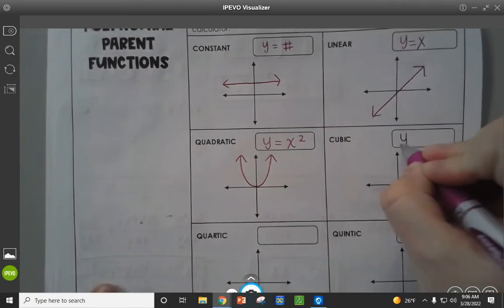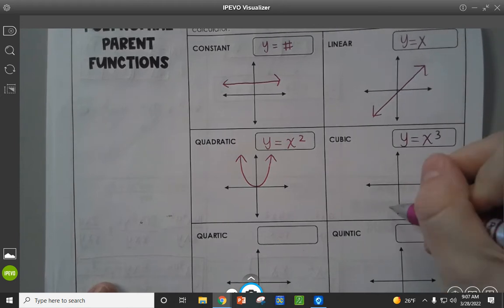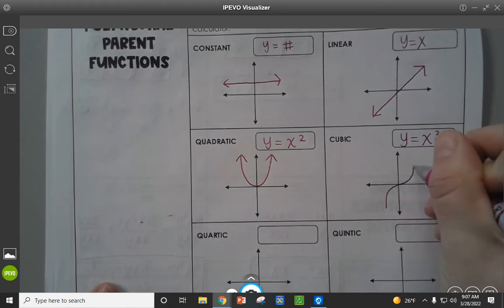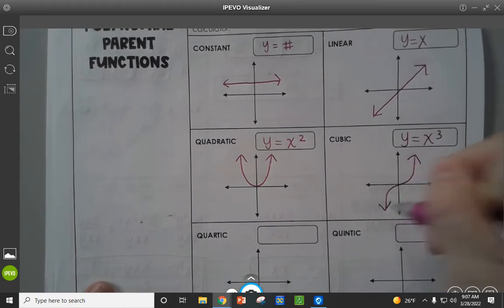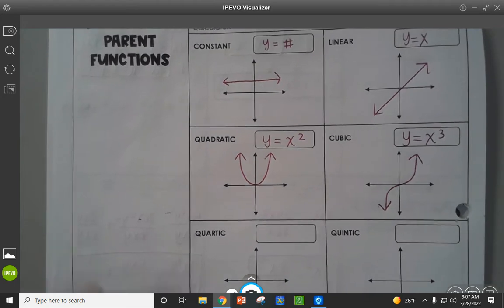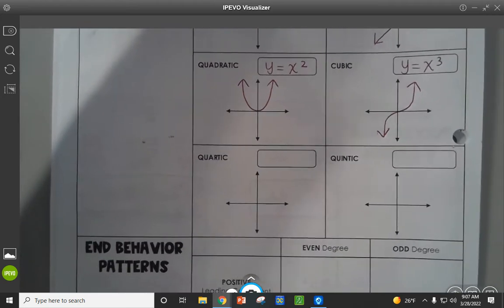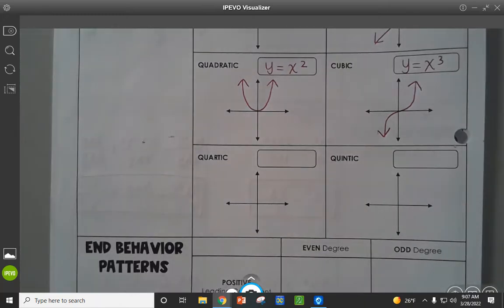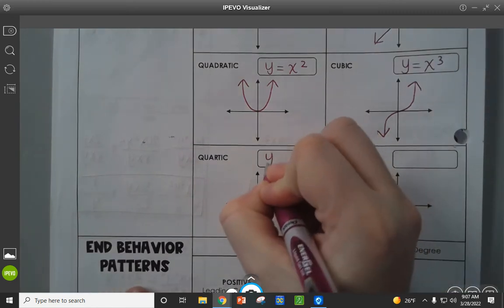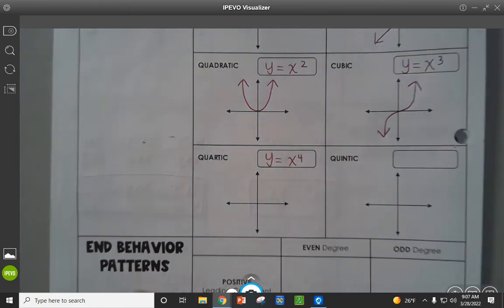Cubic, this is y equals x cubed. And it looks something like this. Quartic is y equals x to the 4th.